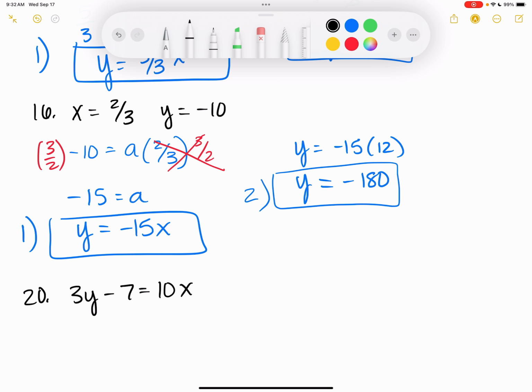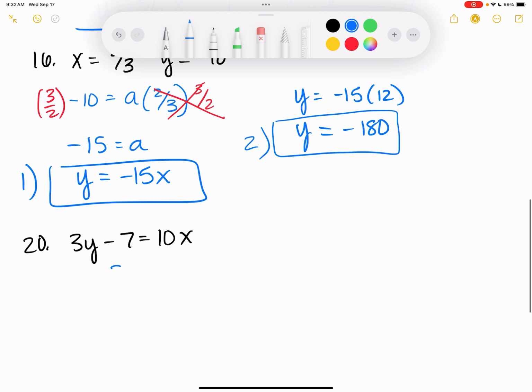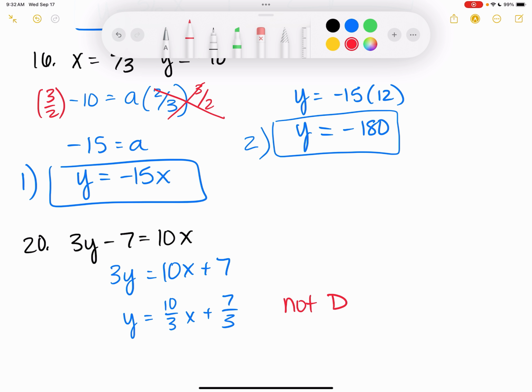So add 7. 3y equals 10x plus 7. Divide by 3. So y equals 10/3 x plus 7/3. So is this direct variation? No. So we usually just say not DV for direct variation, and that's because it's not in the form y equals ax.